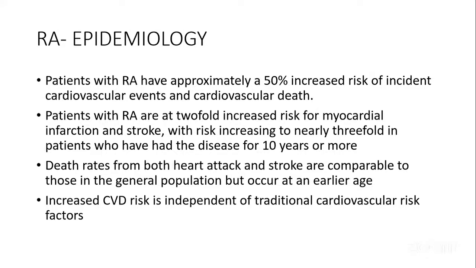And this risk factor is independent of the traditional cardiovascular risk factor. As we will see later, the conventional cardiovascular risk factors are common in patients with rheumatoid arthritis, but they on their own alone cannot explain the reason why patients with rheumatoid arthritis have increased risk of developing coronary artery disease, of developing peripheral arterial disease, of developing stroke.